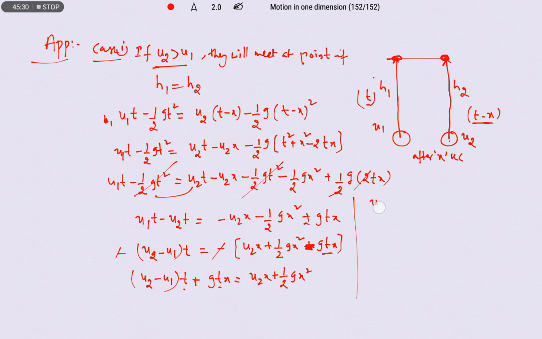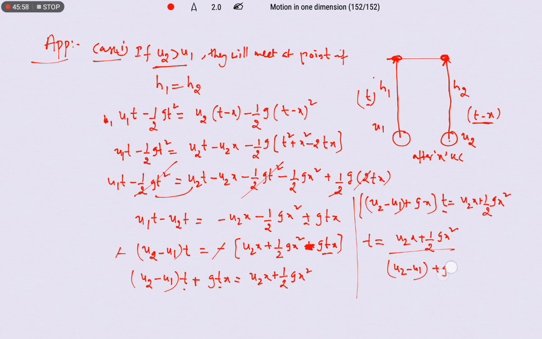So (u2 minus u1 plus g x) into t is equal to u2 x plus half g x square. Our aim is to find t only, so t is equal to (u2 x plus half g x square) by (u2 minus u1 plus g x). So this will be the time after which they are going to meet at a point if u2 is greater than u1.